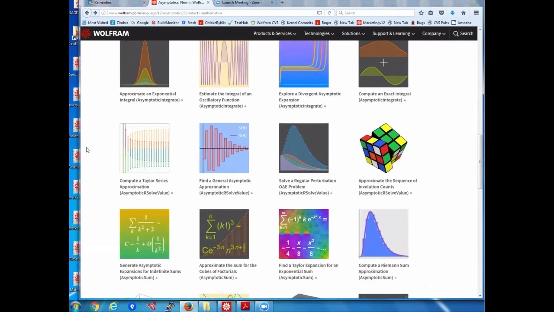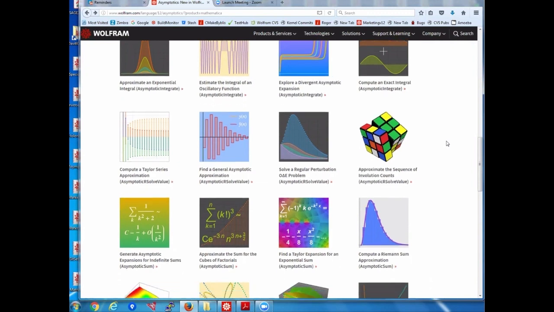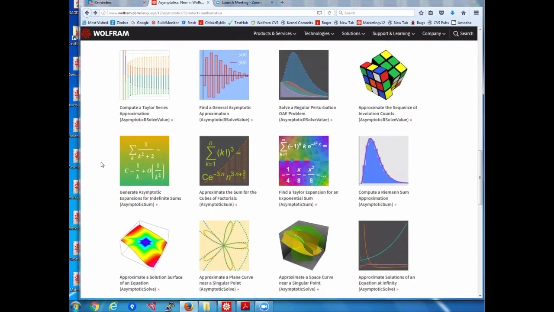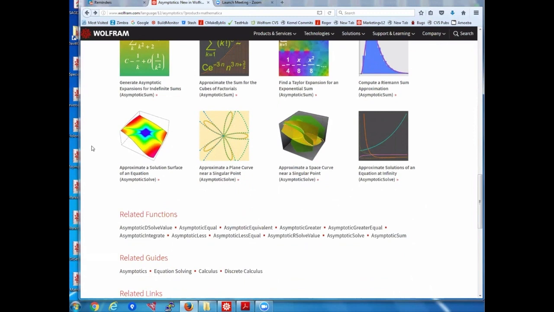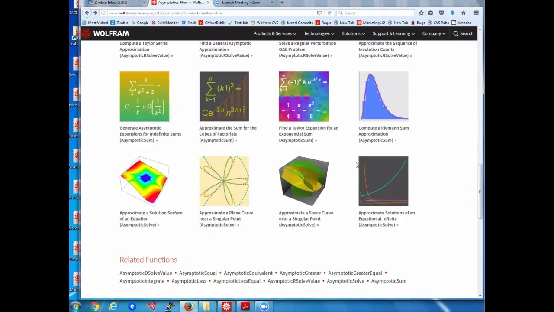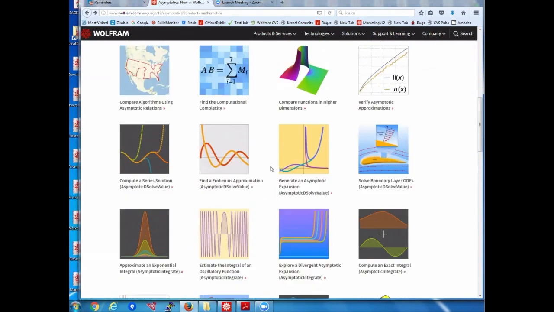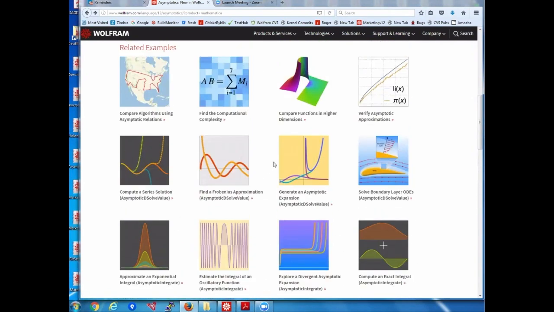The fourth row is about difference equations, RSolve kind of things. The fifth row is about sums. And the last row, and perhaps the most beautiful and modern function for us, is the AsymptoticSolve function, which does algebraic equations. So that's the layout of the page, one row per feature module.